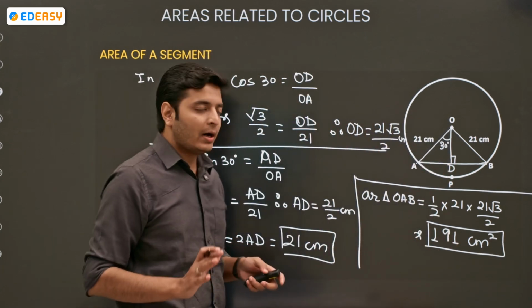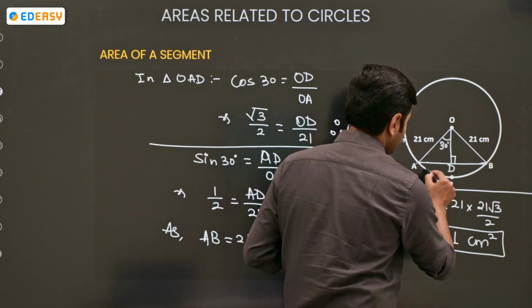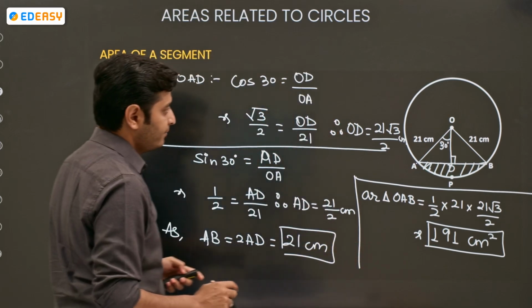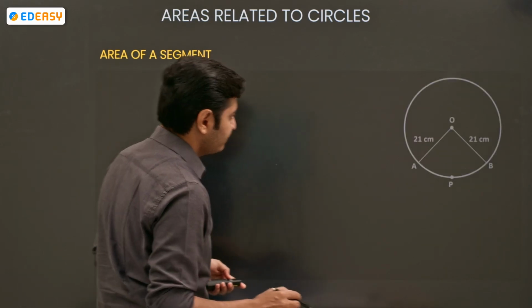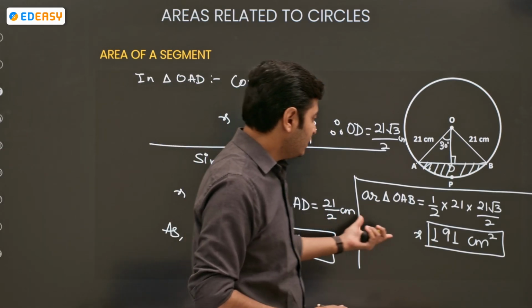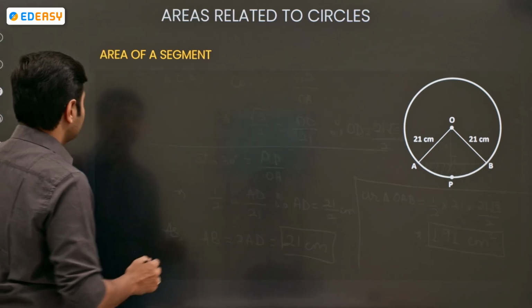Now the only part that is left is to find the area of this segment, no? So let me take one more slide. I will erase everything from this slide. I know that the area of triangle is 191 centimeter square. Remember this.